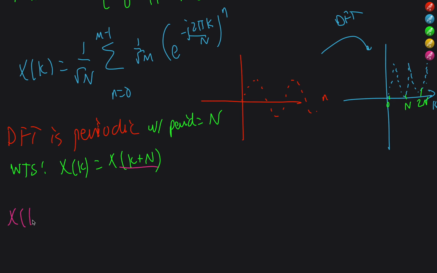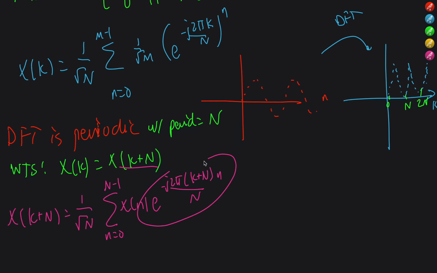So big X of k plus N is going to be this normalizing thing, sum from n equals 0 to N minus 1 of little x of n, e to the minus j 2 pi, which is now k plus big N, n over N. What we should notice is that we have already proved that for this.